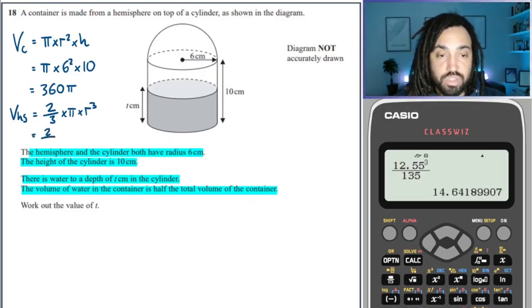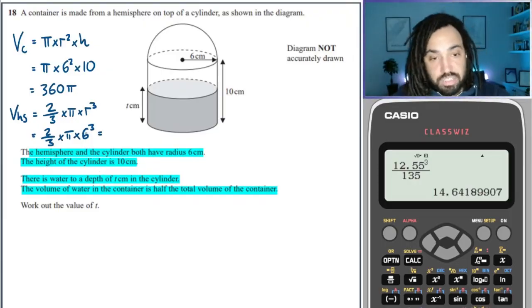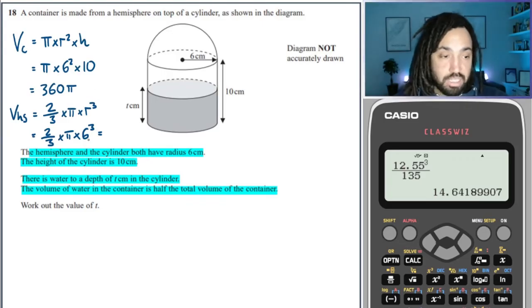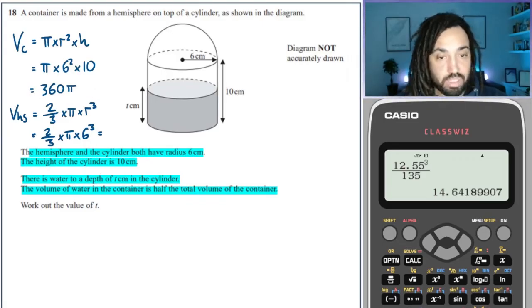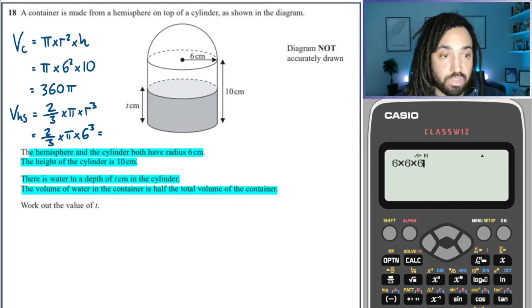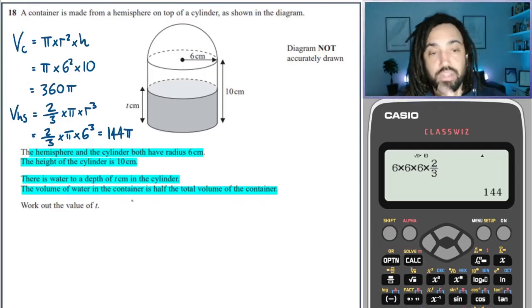Okay, so this is 2/3 times pi times 6 cubed. And this is going to be, don't think I can do that in my head. Okay, I think it's 144. Anyway, 6 cubed times 2/3 is 144. Should have backed myself.